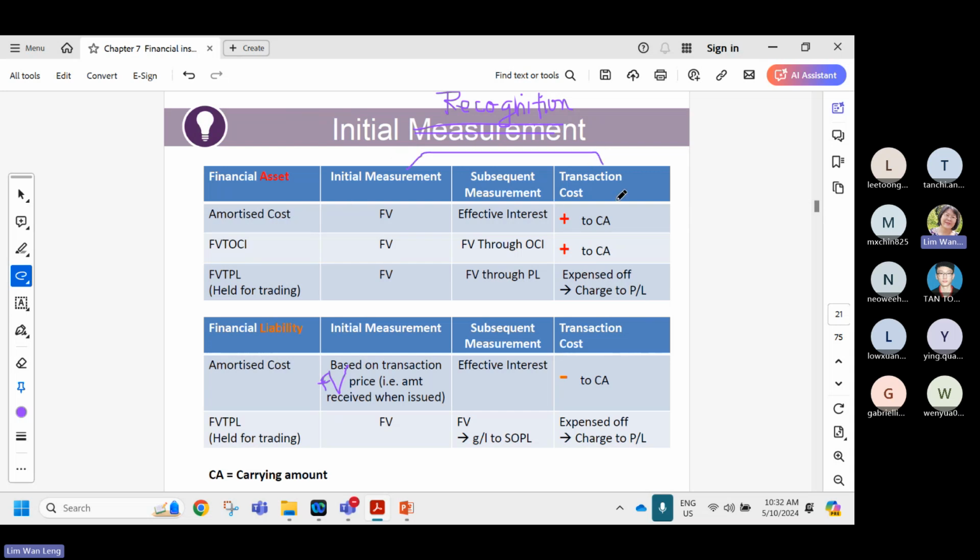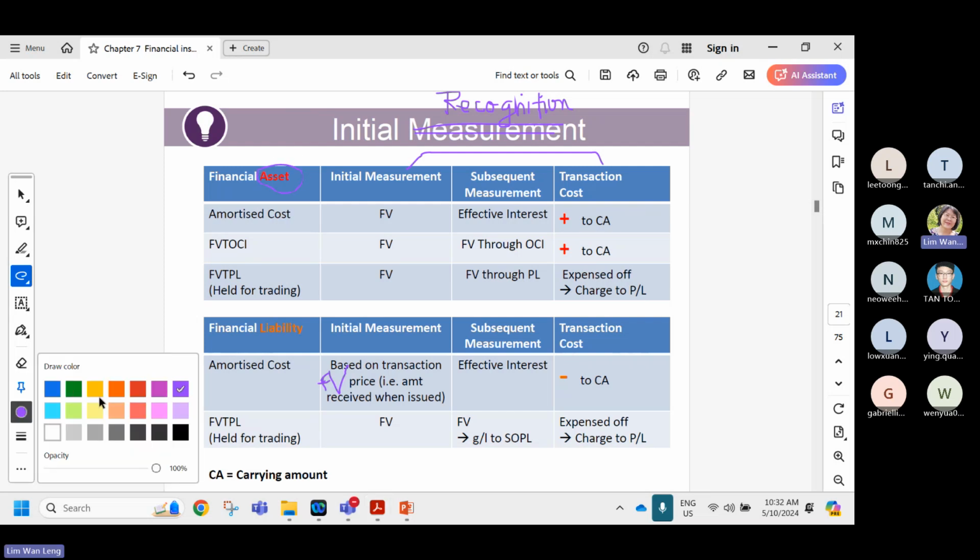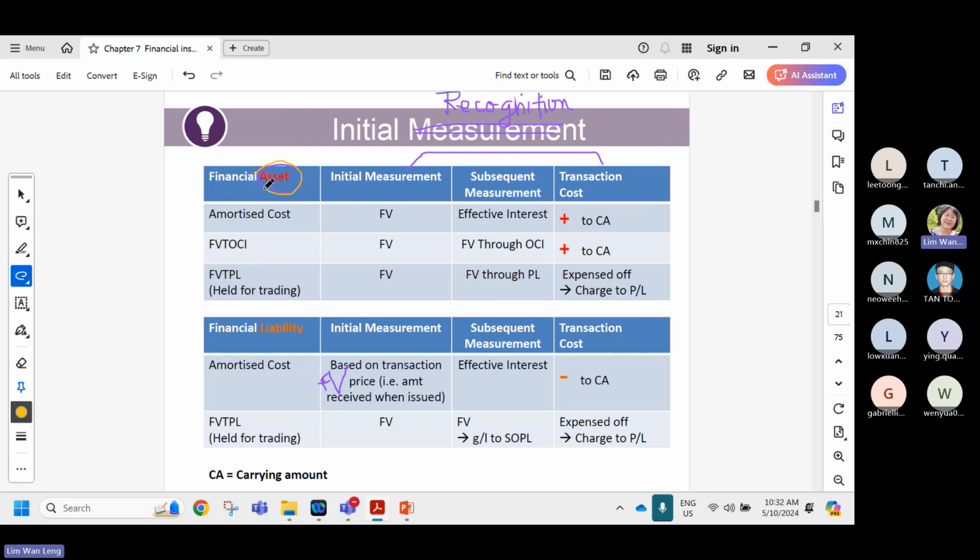And then should there be any transaction cost, we look at this column and then this column, should there be any transaction cost if it is an asset? If it is an asset category, like in here, we are going to add the transaction cost to the carrying amount. Fair value through the OCI, also we are going to add. Why we add? Because it is part of financial assets.